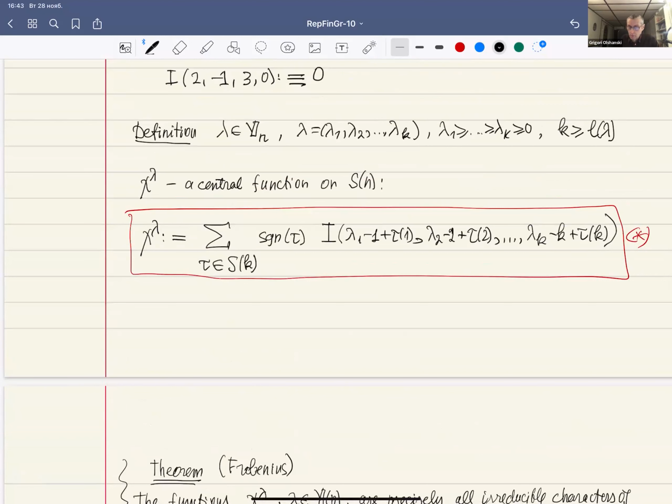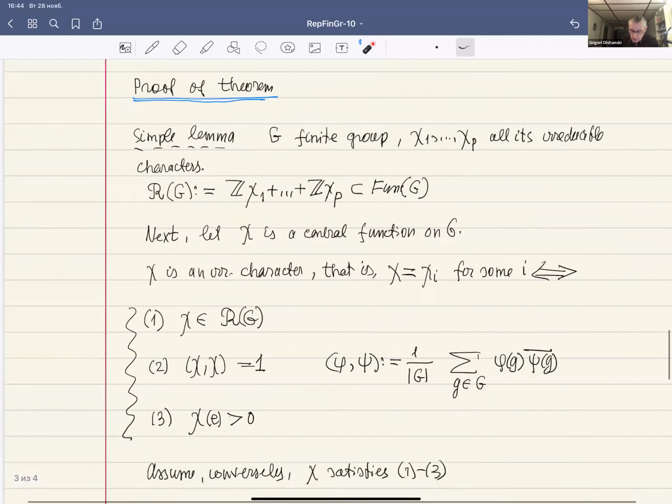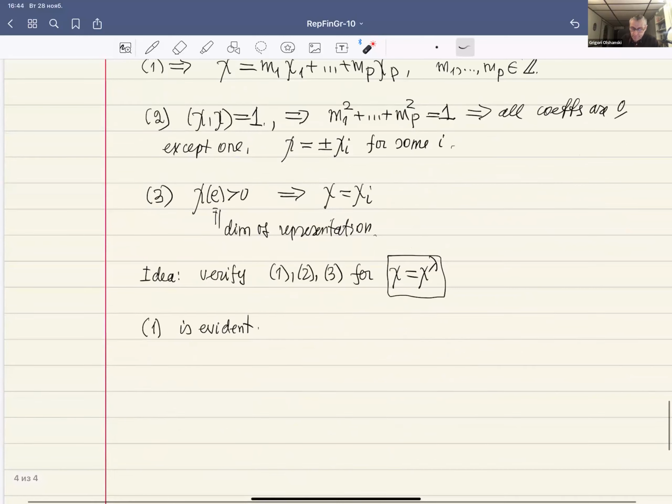What we see is that our function is a Z-linear combination, actually an alternating linear combination, of these functions. And these functions are true characters, reducible in general, but they are true characters, so they are contained in our lattice of Z-linear combinations of irreducible characters. So property 1 is immediate.